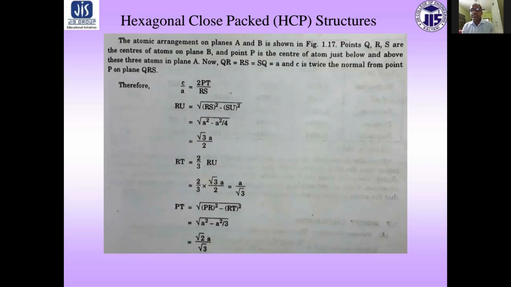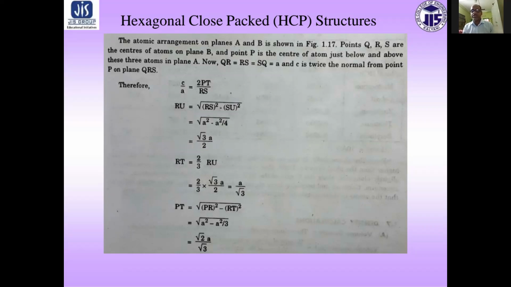So c is twice the normal from the point P, considering an ideal structure. So c by a is twice the length PT, the distance from the above or bottom center atom to the plane of the interior atoms, that is QRS, and the a value, as we know, is equal to RS.